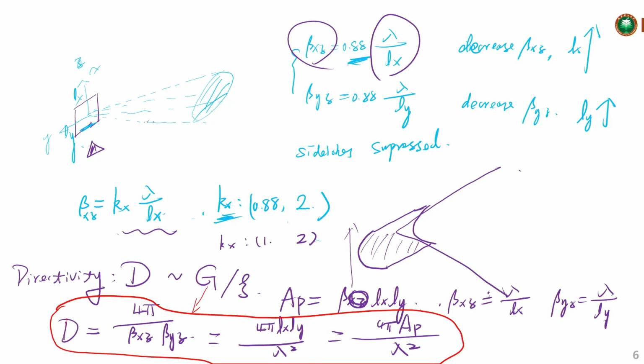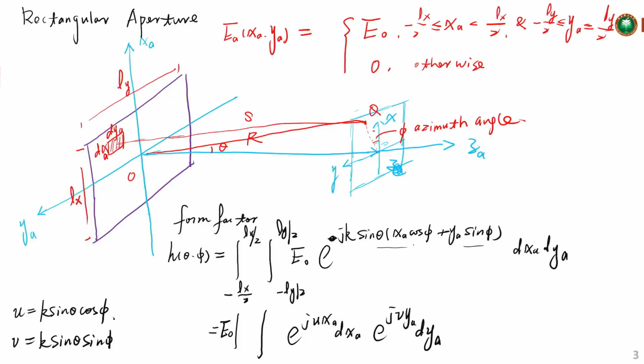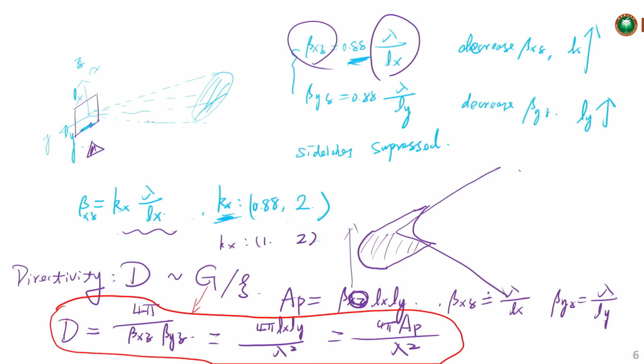So this is for a square or rectangular aperture. We also have circular apertures. A circular aperture looks like a cylinder, like this one.